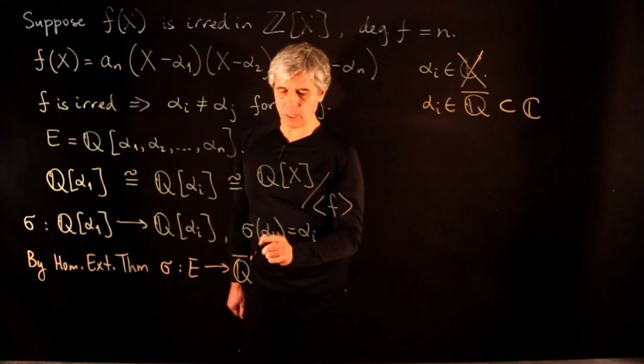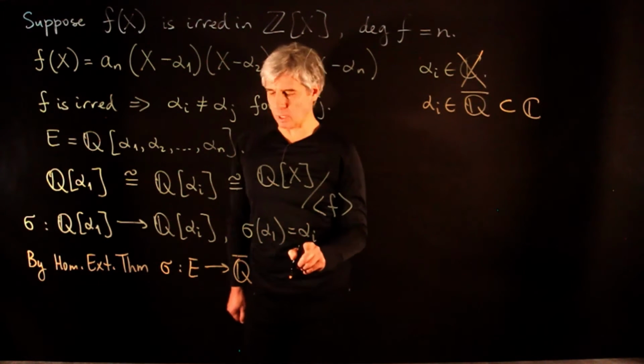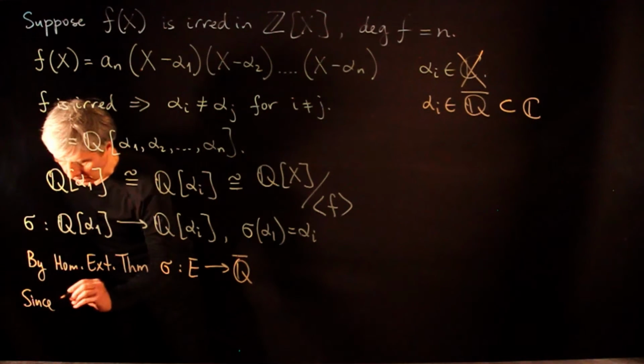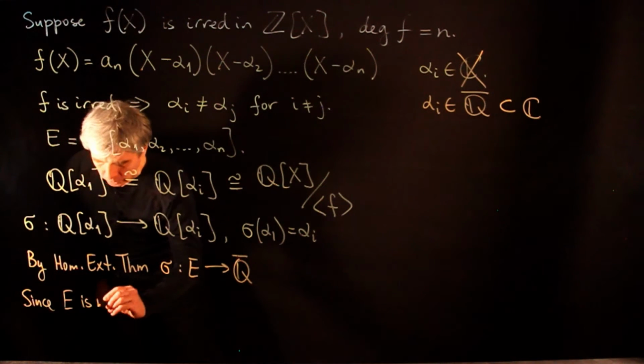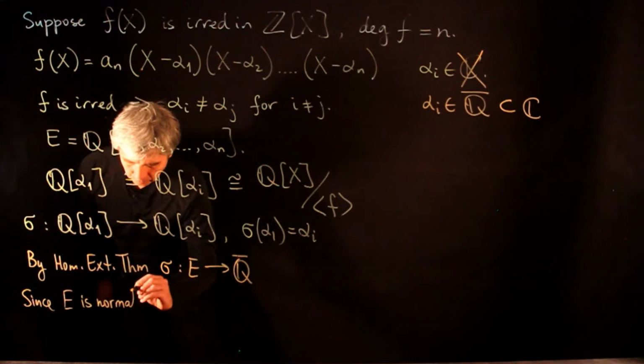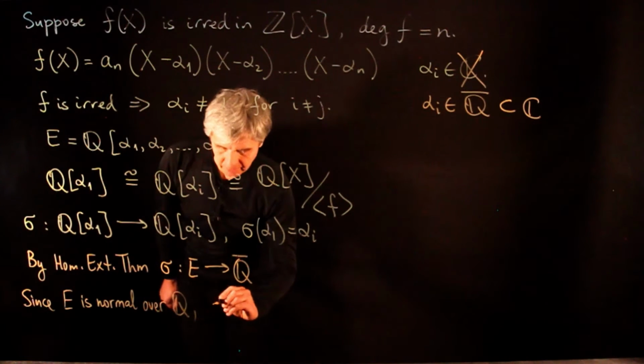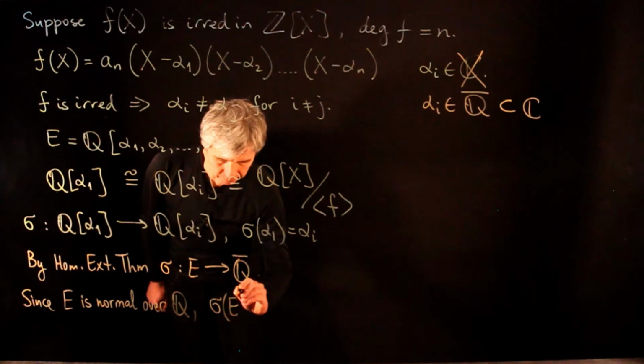This extension of sigma will still map alpha 1 to alpha i. And since E is normal over Q, being the splitting field, we have that sigma of E is in fact equal to E.